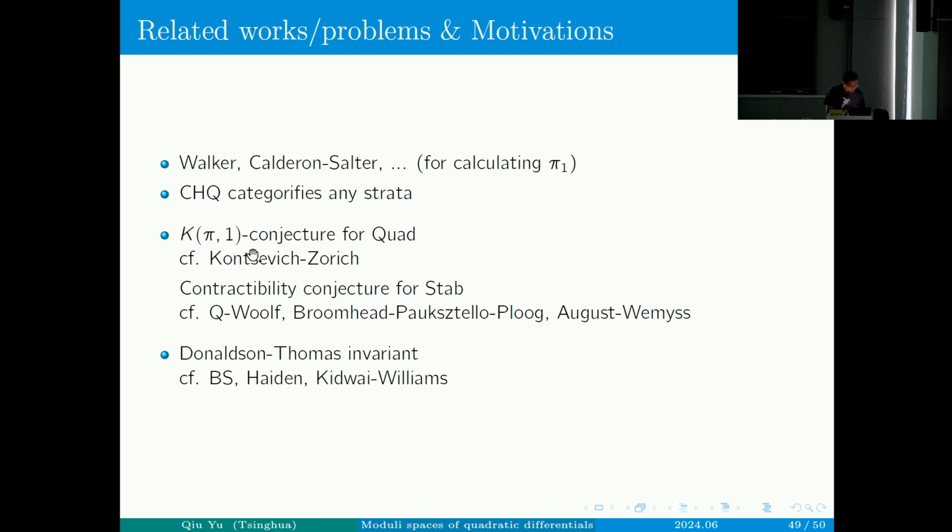And this is equivalent to the contractibility conjecture for the space of stability conditions. And also, the Donaldson-Thompson invariant I mentioned is kind of local. I mean, the existence of the Donaldson-Thompson invariant is the local simply-connectedness. So I want to do the global version.